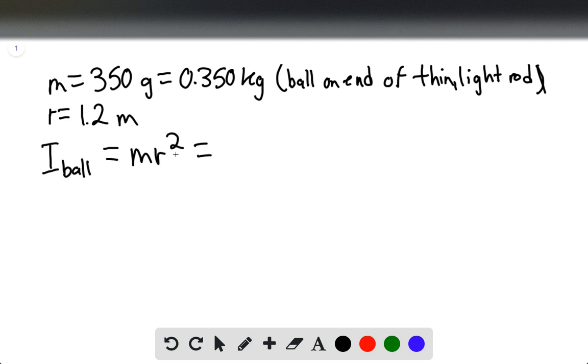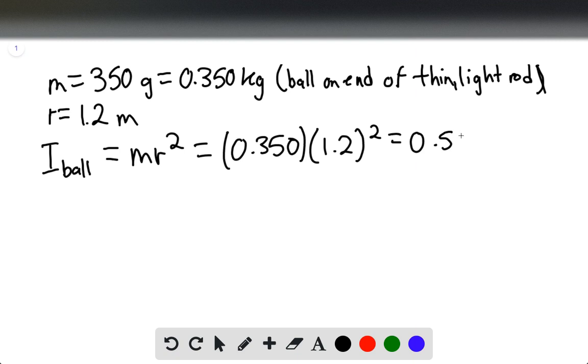Rather, the axis of rotation is at the beginning point of the rod, while the ball is at the end of the rod. That's why it is mr squared and not the moment of inertia of a sphere. So that would be, again, 0.350 times 1.2 squared, and this is going to be 0.504 kilogram meters squared.